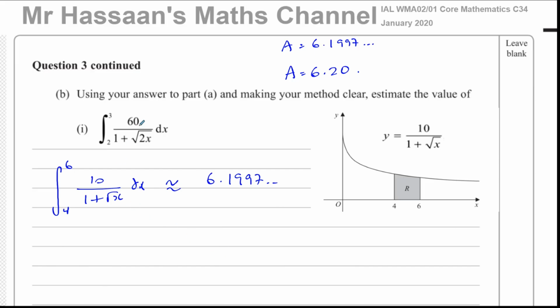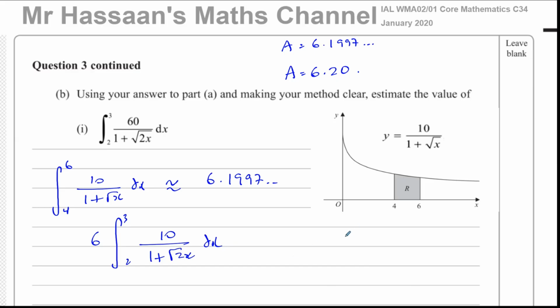And you see that they're kind of related in a way. What I can do first is I can see that this is like 6 times that. So you can put 6 outside. Okay, so you have 6 times the integral between 3 and 2, and you have then 10 over 1 plus root 2x dx.